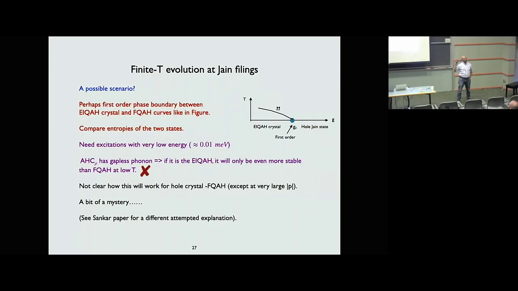And so if it's already stable at zero temperature, it's not going to win against the fractional quantum Hall state, which is gapped, because this state will only increase its entropy and therefore decrease its free energy even more. So this makes this, within this scenario at least, difficult.